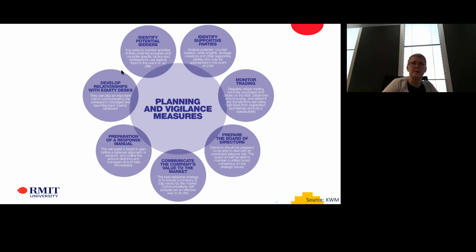Continuous disclosure is a compliance obligation, but it is also a way that companies demonstrate what their value is to the market generally. Most company secretaries will have a kind of response manual, so there will be a procedure to be followed if a bidder's statement is received.